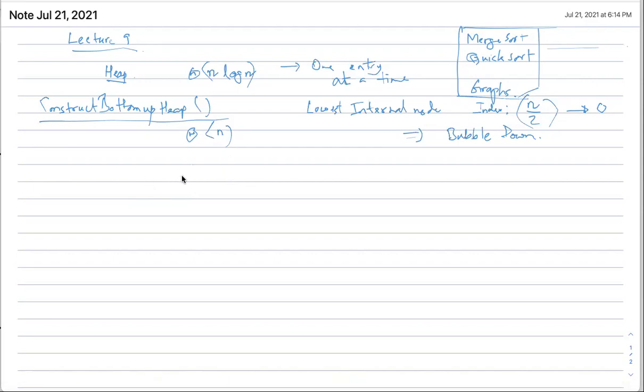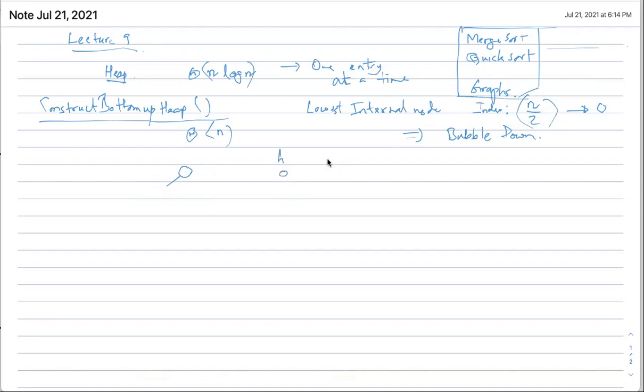So let's first recap that if you have a complete binary tree, let's be clear about the relationship between the height and the number of nodes. If you have only one node, then the height is 0, right?